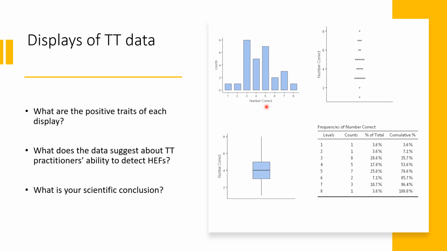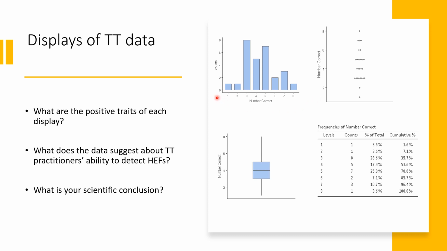This frequency bar graph shows you the general shape. It looks not quite normal, but you can tell it's centered around the middle of the scale. You'll notice that the number correct goes from 1 to 8 because no one got 9 or 10 correct.